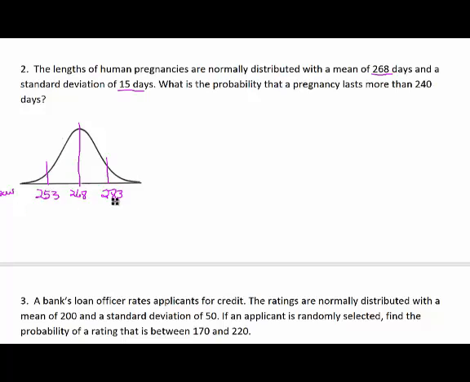All right, so if we change all this into z, this is going to be 0, 1, -1.